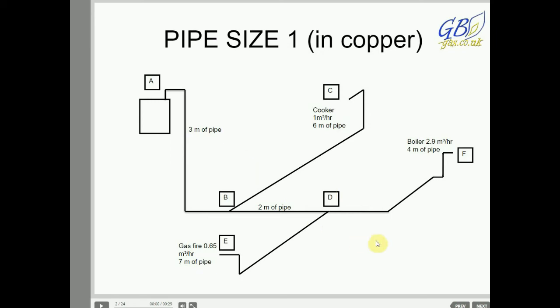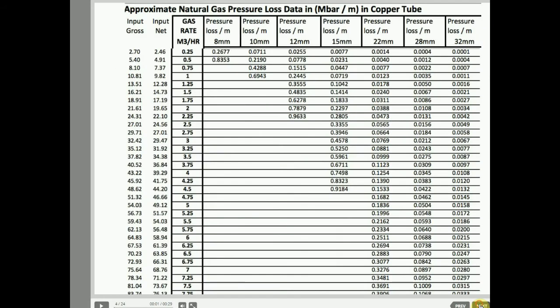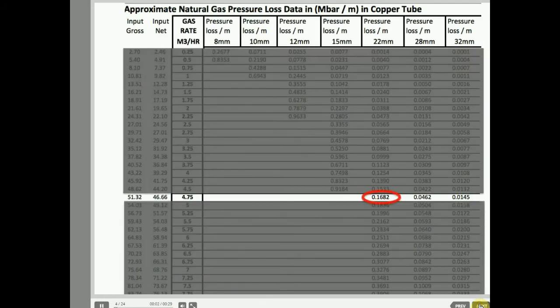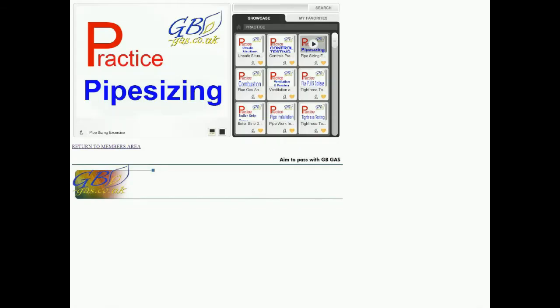From there I could work it out, and if I continue, it then shows me what to do and how to work it out using the charts and finding the pressure drops. So you can have a shot of it first and then use the rest of the slide to find out the answers.